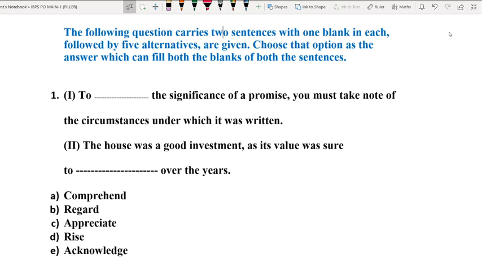If you are attempting a single blank question, don't forget to look at the word or words that come before the blank or after the blank. I am talking about the single blank question right now. If there is only one blank in the sentence, don't forget to look at the word or words that come before the blank and after the blank.